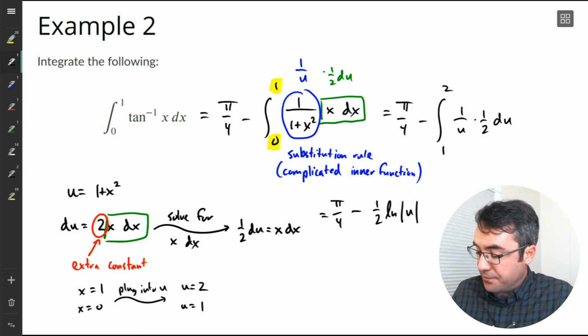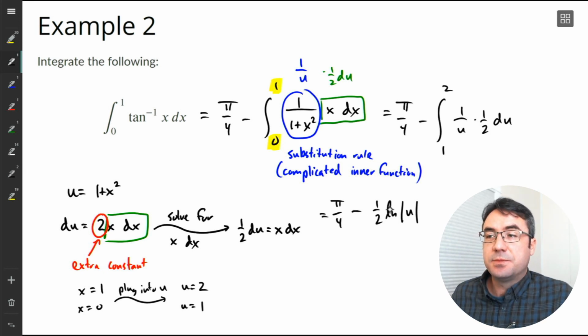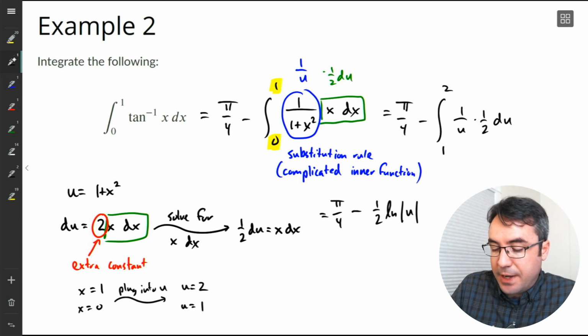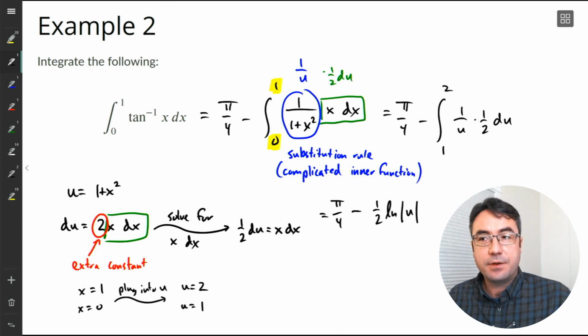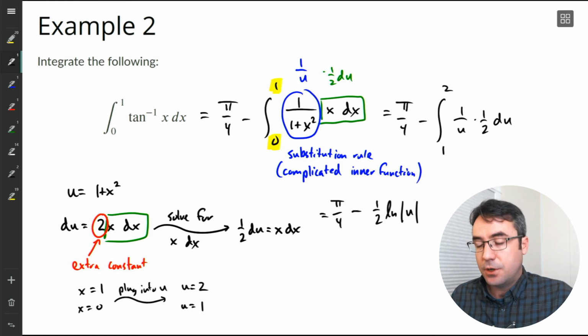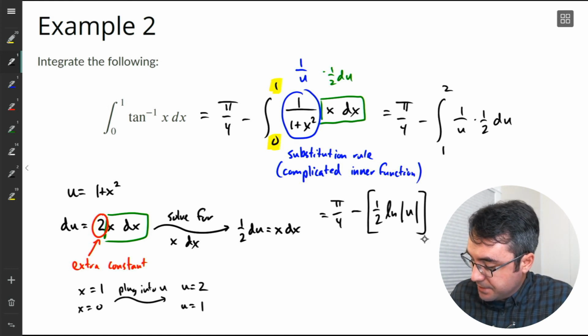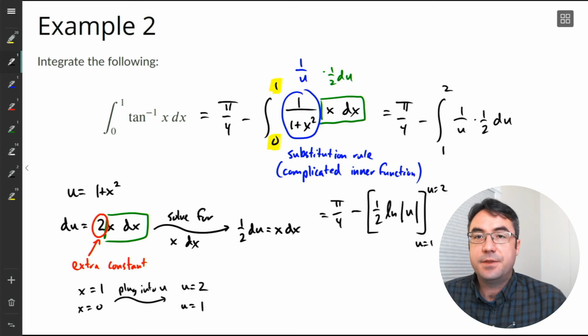And then the 1/2, that's just a constant multiple, so we can put that in front. Now for the evaluation part of this, we've already evaluated that pi over 4 in front. So we're just going to evaluate this 1/2 natural log absolute value u.